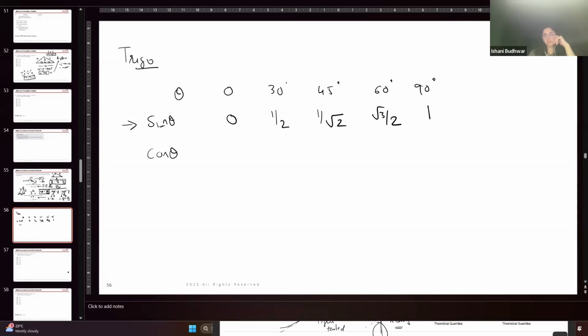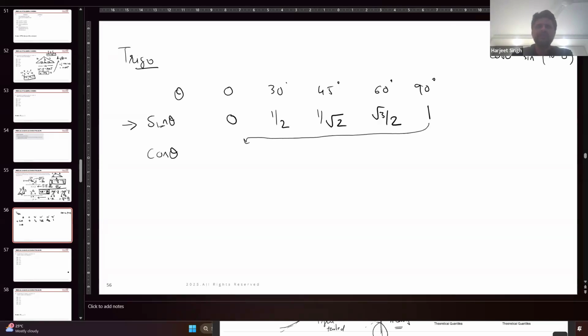And cos theta is nothing but, so I'll write here, cos theta is equal to sine 90 minus theta, which means cos 0 is sine 90 and cos 90 is sine 0, which means just the opposite.